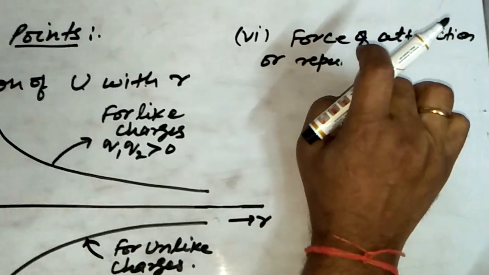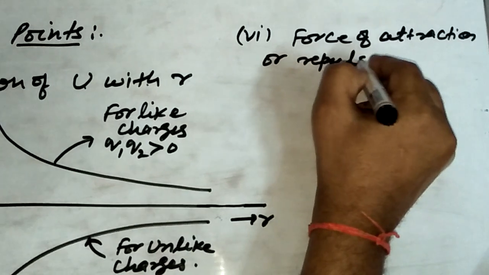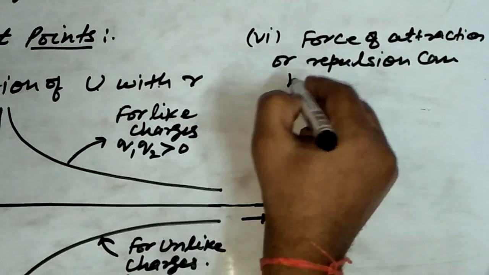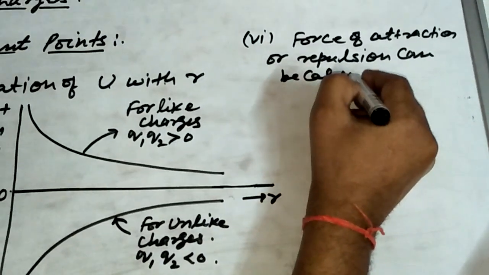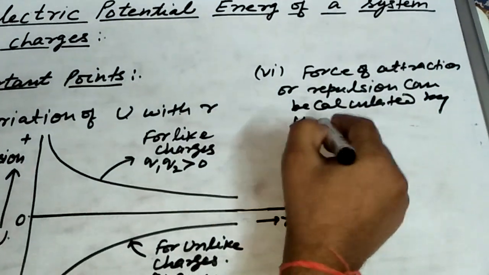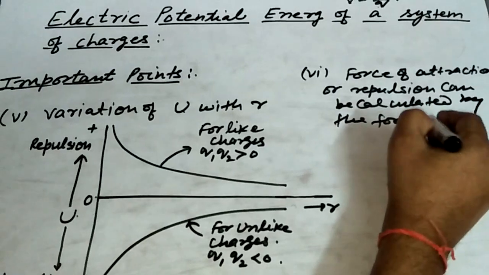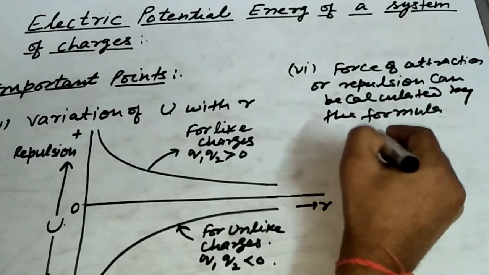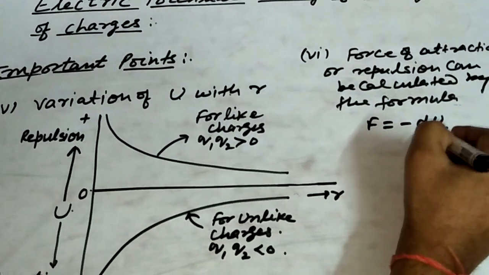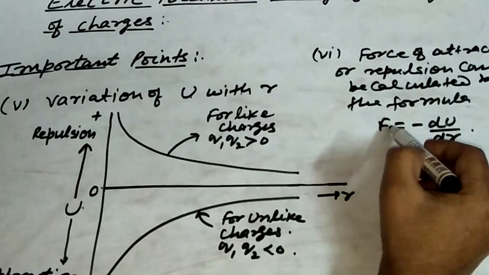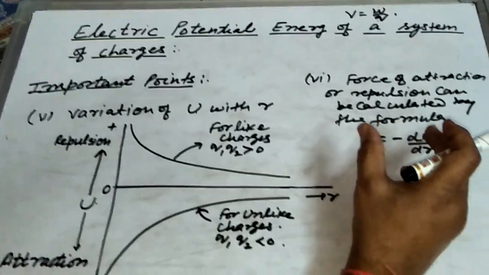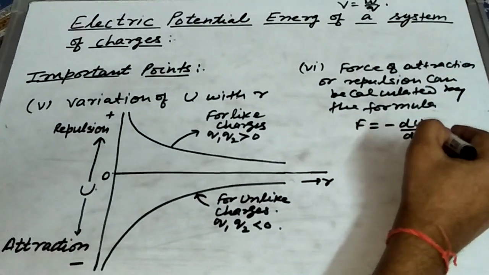The force of attraction or repulsion between the charges can be calculated by the formula F is equal to minus dU upon dr. It means by using this formula we can find the force of attraction or repulsion between the charges if their electric potential energy is known.